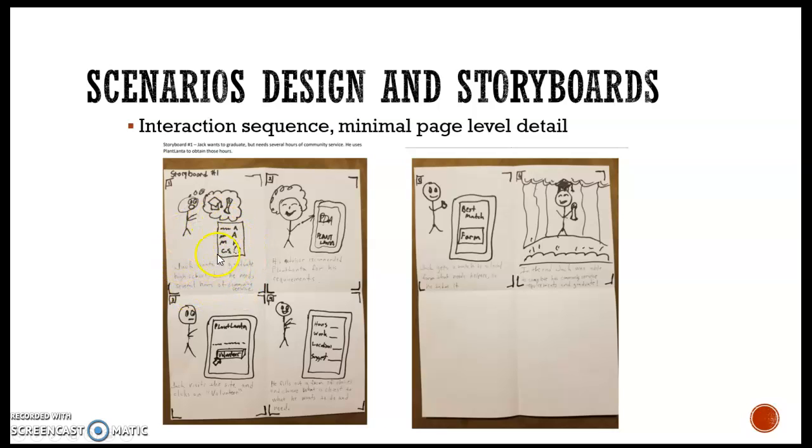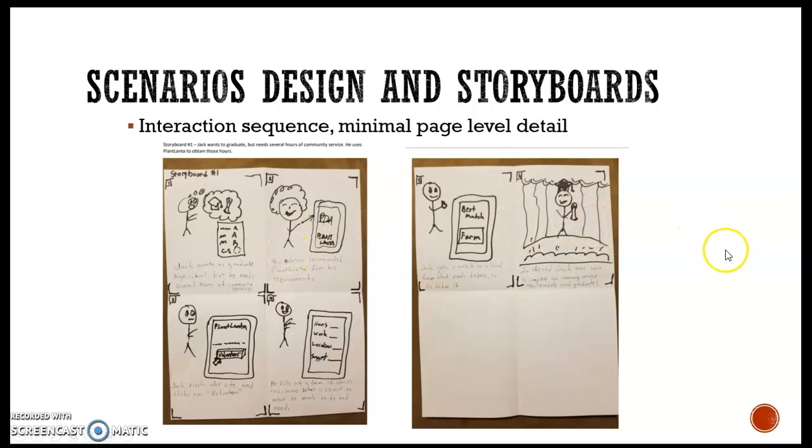That's what that scenario is. This organization, Plant Atlanta, offers students opportunities to volunteer there, and he goes through the website, clicks on volunteer, gets hours and a certificate, comes back and fulfills his requirement for school, and he graduates. So the whole story is like this.